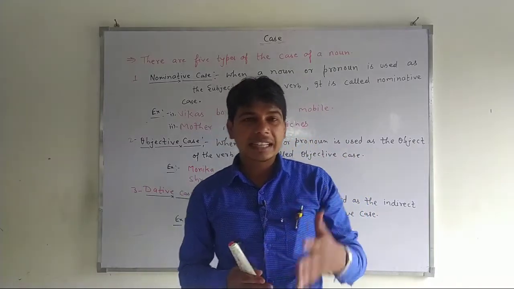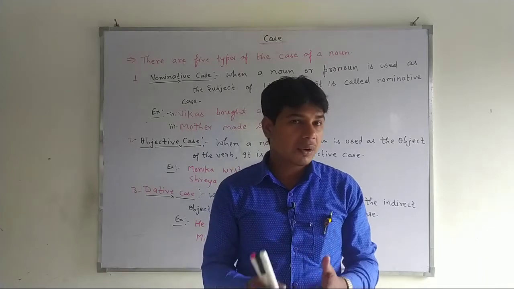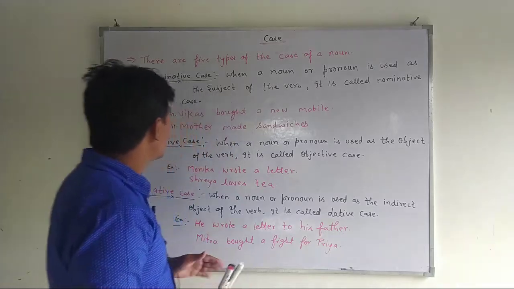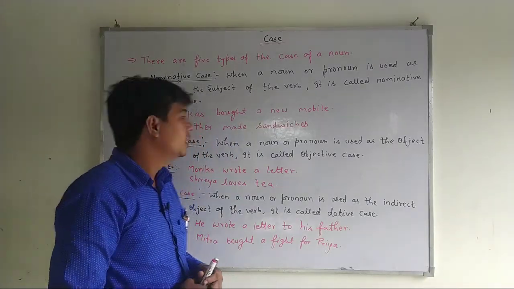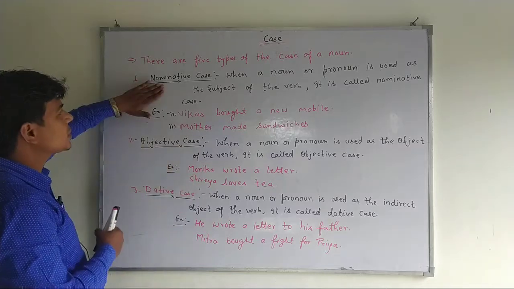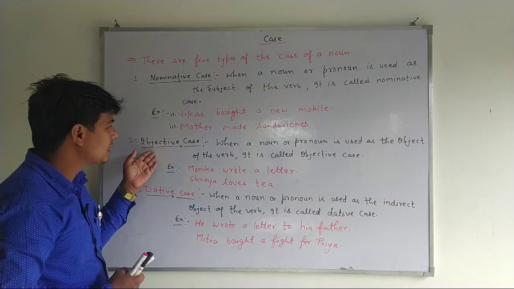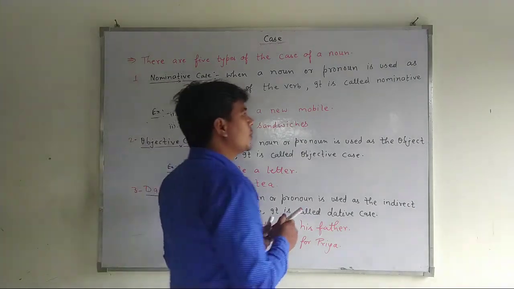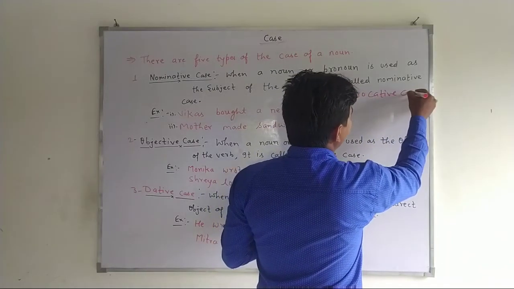So let's see what are the 5 ways of the noun. Here I have mentioned only 3. The first one, nominative case. Second one, objective case. Third one, dative case. And the fourth one, vocative case.